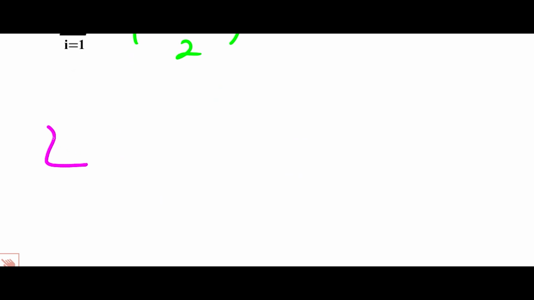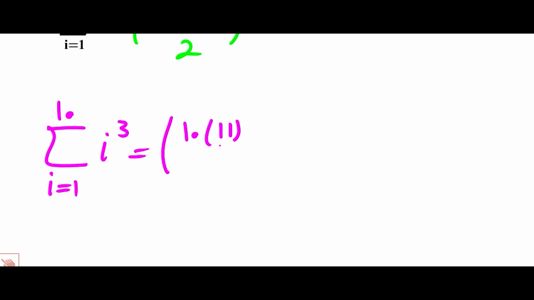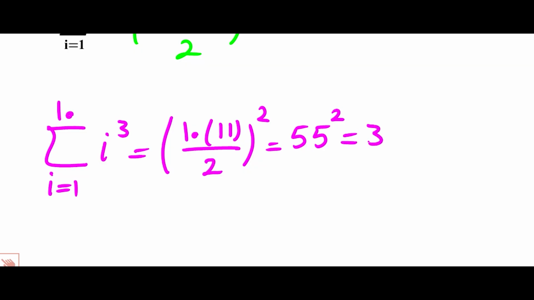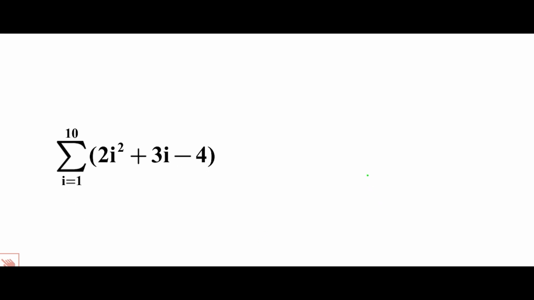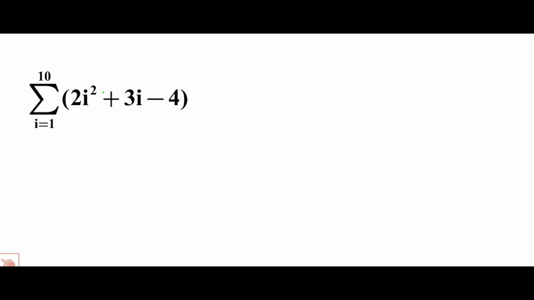Or the sum of i cubed from i equals 1 to 10, so we have (10 times 11 over 2) whole squared, means 55 squared equals 3025.